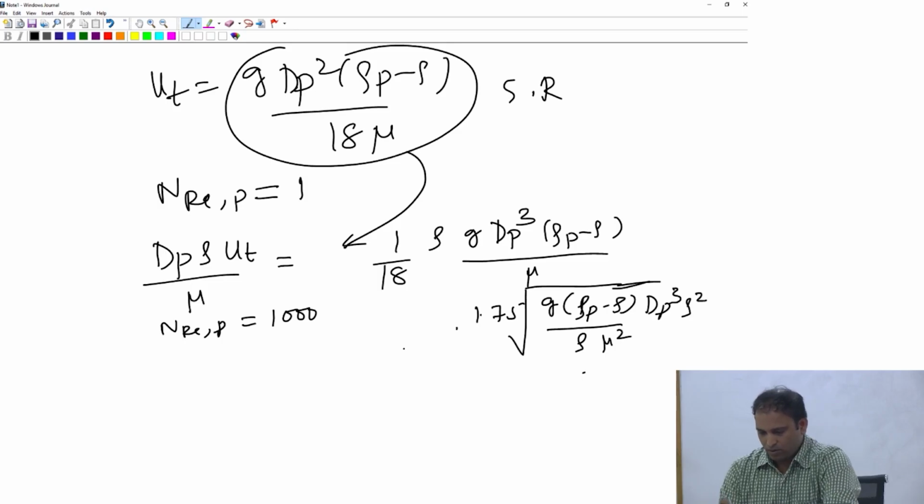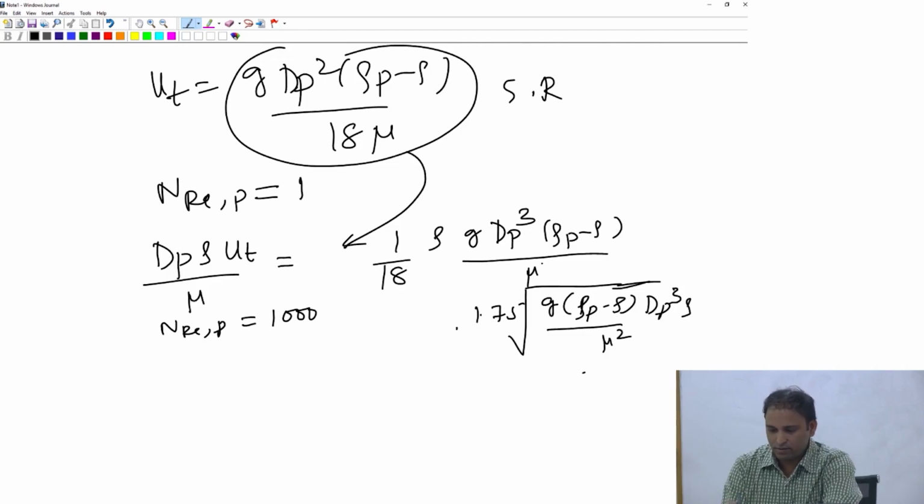So now I'm going to cancel a few things. There's one mu that goes, and what else do I have? So did I make a mistake here? No, right? There's going to be mu square here.